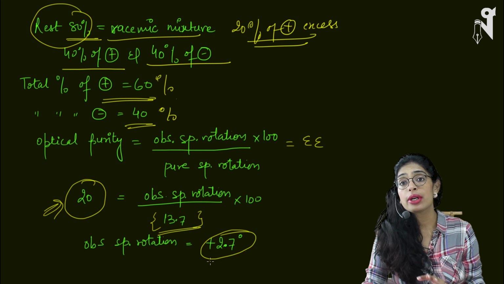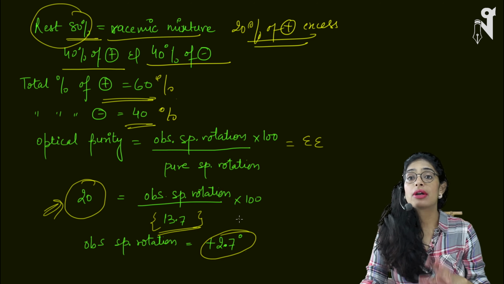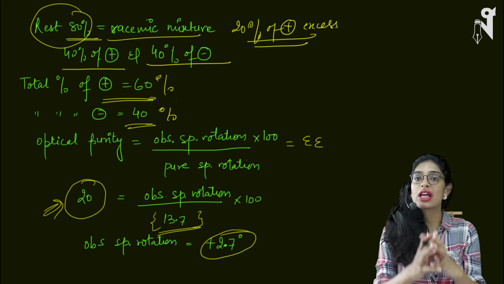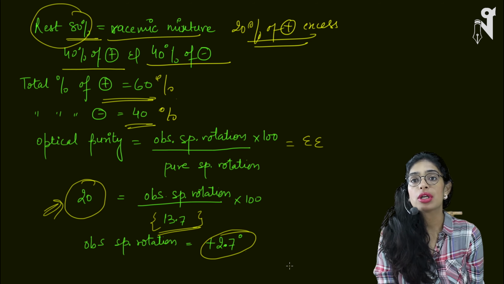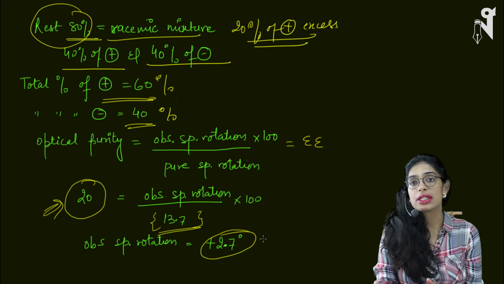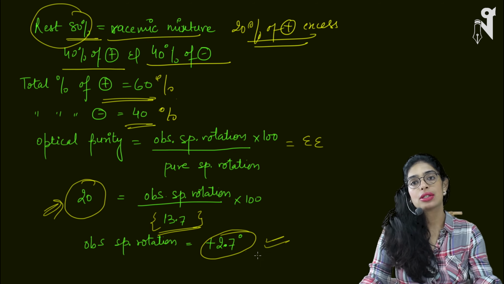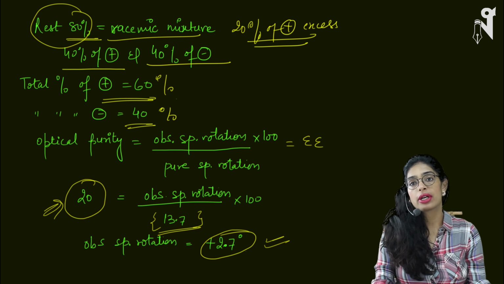So the actual specific rotation for the plus isomer is 13.7 degrees, but because these two enantiomers have been mixed together, if you see this organic compound in the polarimeter, rather than getting 13.7 degrees as the rotation, you will see plus 2.7 degrees. So there is a change in rotation due to this mixture.